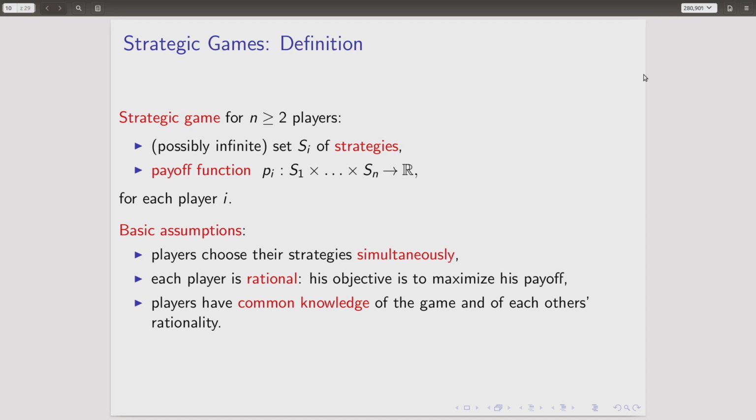The payoff for player i gets as arguments all strategies. Therefore, these players are intertwined in what they will get. And that's where this interaction comes in. Incidentally, we assume there are at least two players. If there is one player, it's called optimization theory, because then you want to maximize a certain outcome.